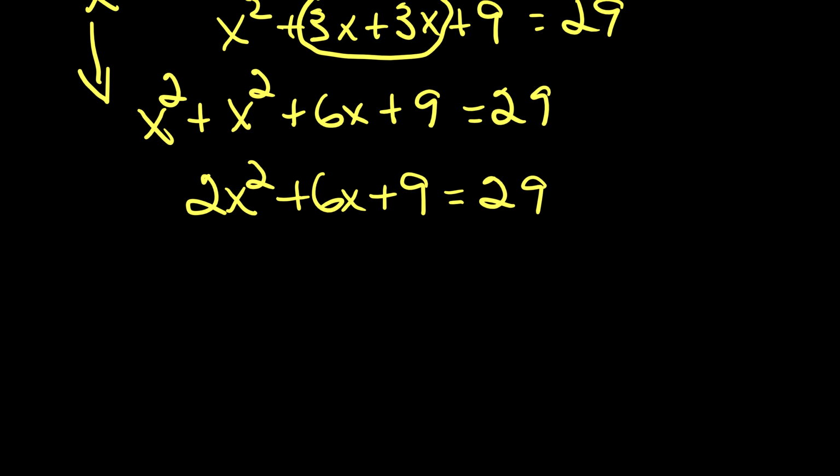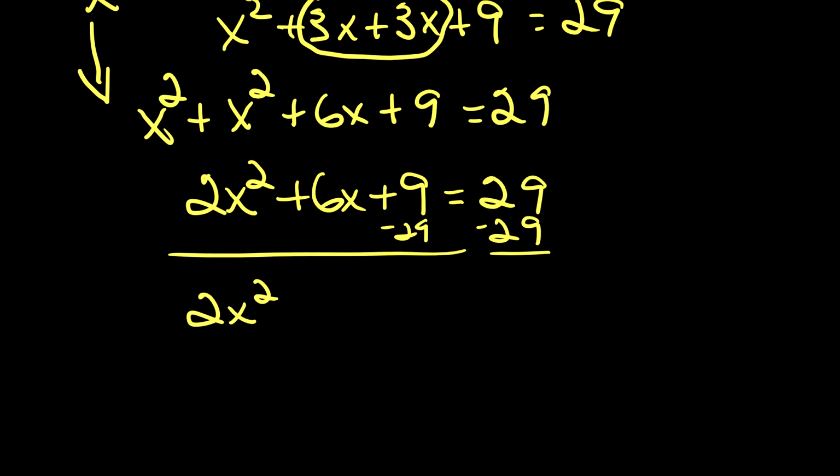And now here's my quadratic descending form, and now I want to get it equal to 0. So that means I'm going to subtract 29 from both sides. How about 2x squared plus 6x minus 20? Is that minus 20? 29, 20, negative 20. Yeah. Equals 0. And this is my problem so far.